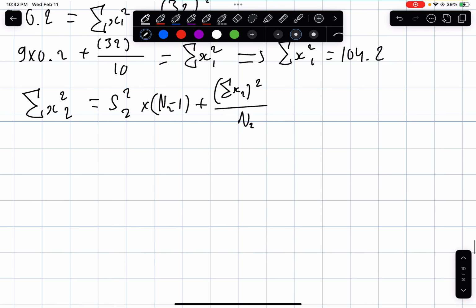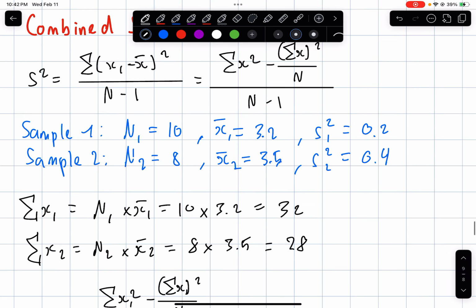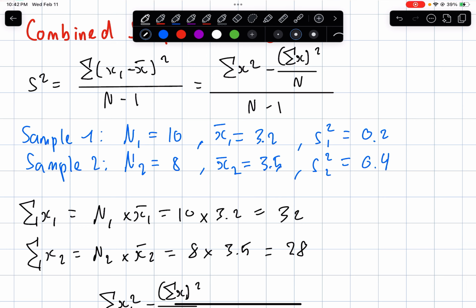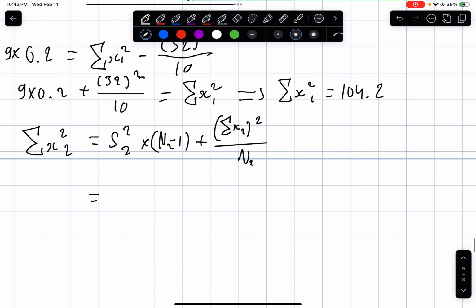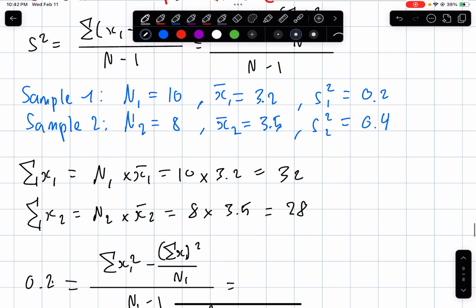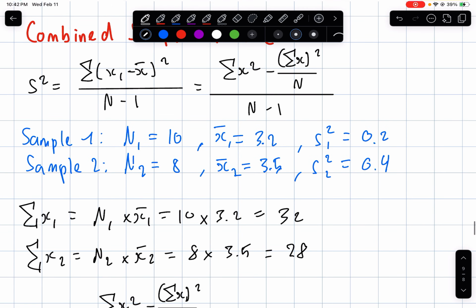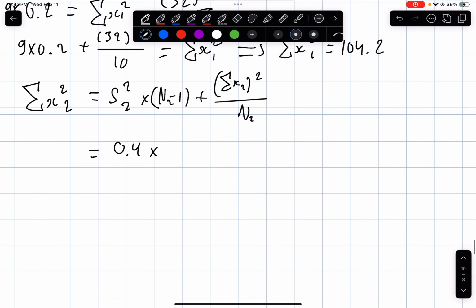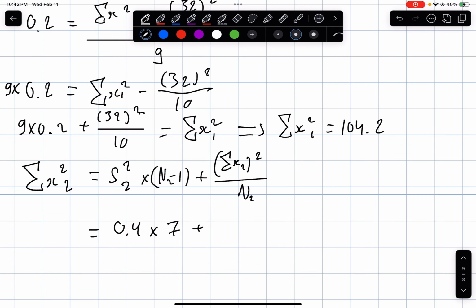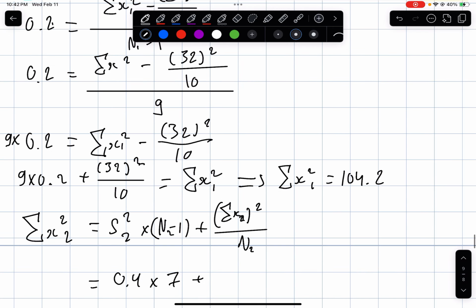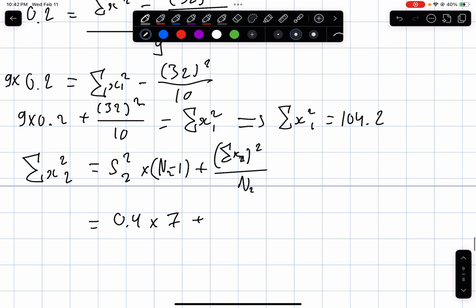Going back to the information given, we have 0.4 for the variance, times the sample size of sample 2, which is 8, so times 7, plus the sum of x2, which is 28, so 28 squared over n2, which is 8.